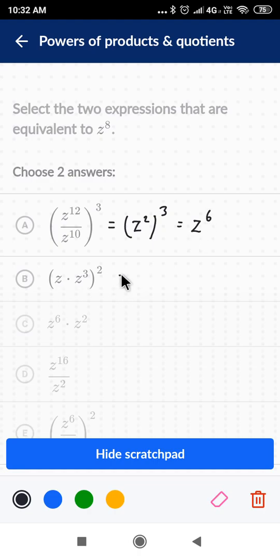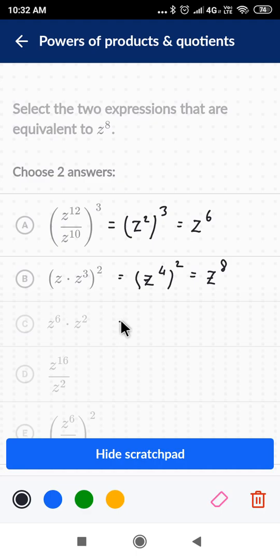This one, inside the bracket, will be z to the power 4 into the power 2. That will be equal to z to the power 8.